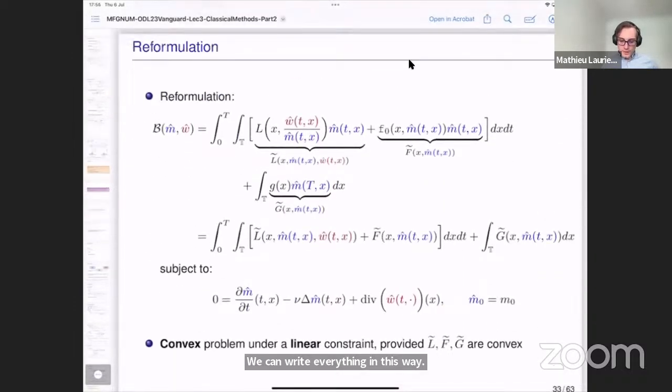And now, okay, I claim convexity, so maybe it's not clear. We need to make some assumptions on L and F0. So L, I already said that I'm going to take it quadratic. And I need to say something about F0 and also about G. For G, I think it's clear because the terminal cost is just the integral of little g, which does not depend on m for simplicity, but F0 is a function of m.